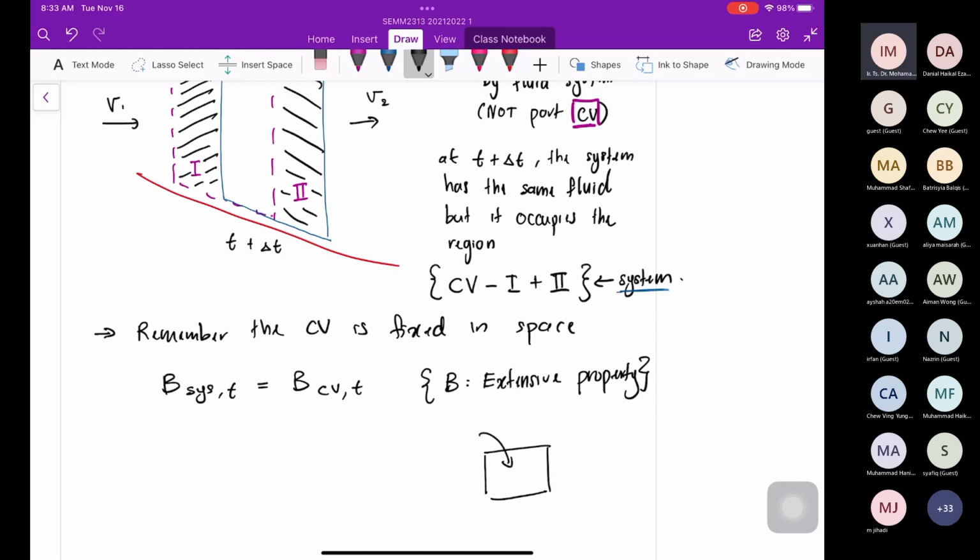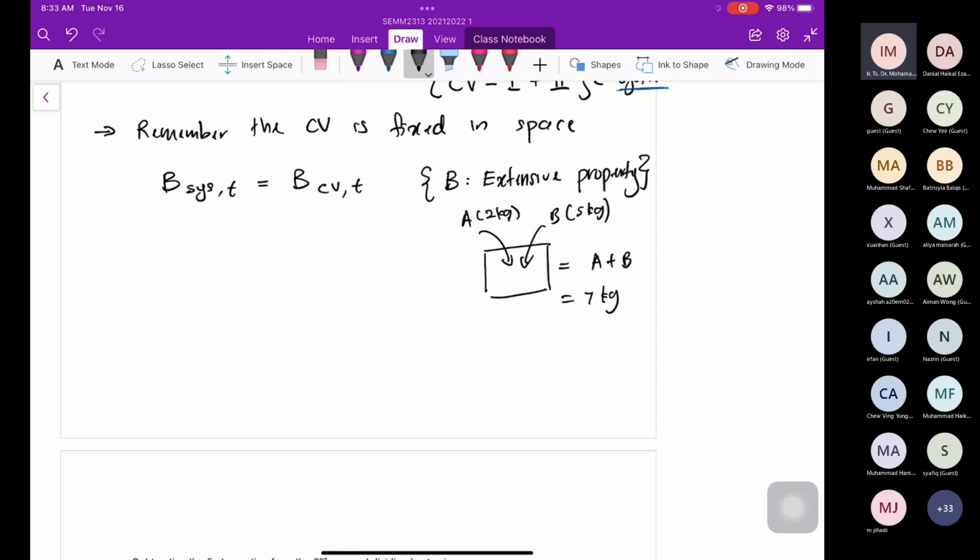You put A, you put B. Now the system becomes A plus B, right? It is amount. For example, the amount of A is 2 kg, the amount of B is 5 kg. So now it changes to become 7 kg. So this is extensive property.